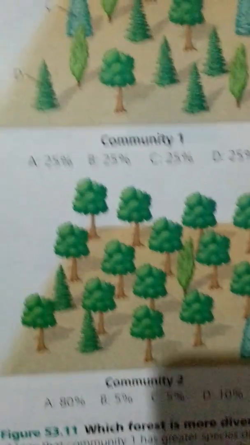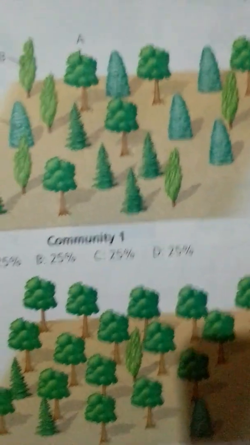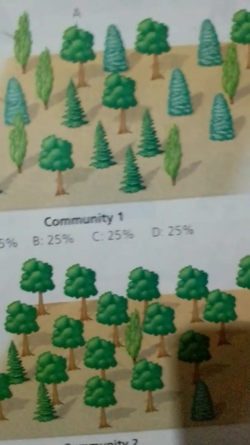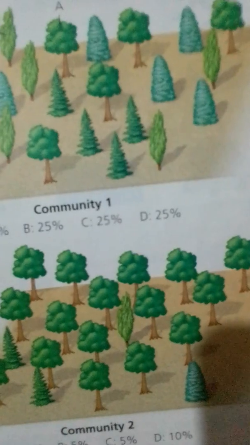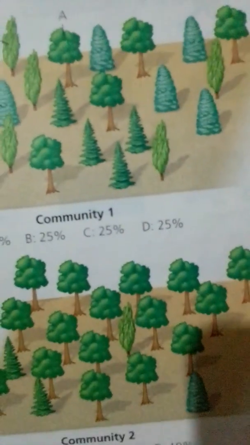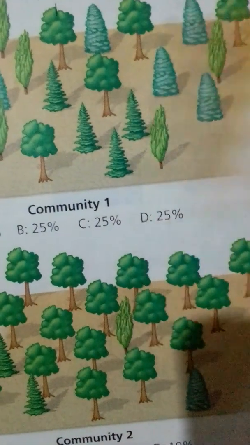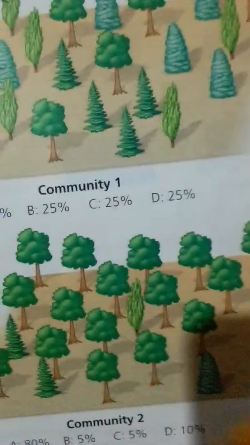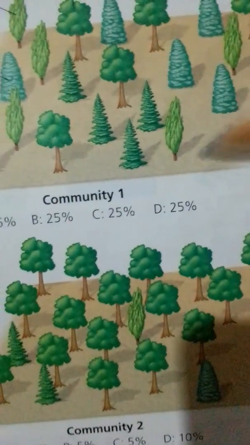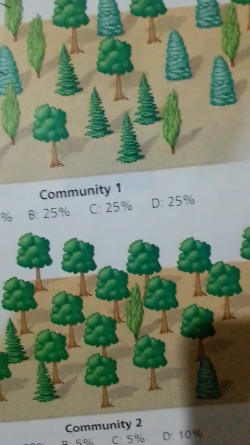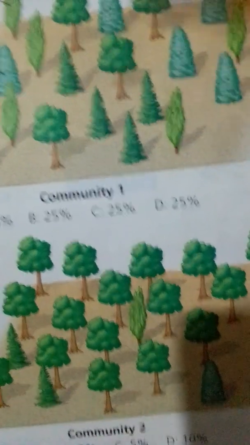Notice that the species richness is the same for both communities because they both contain four species, but the relative abundance is very different. You would easily notice the four different types of trees in Community 1, but without looking carefully, you might see only the abundant species A in the second forest.